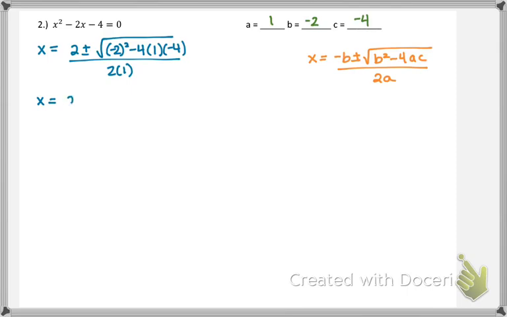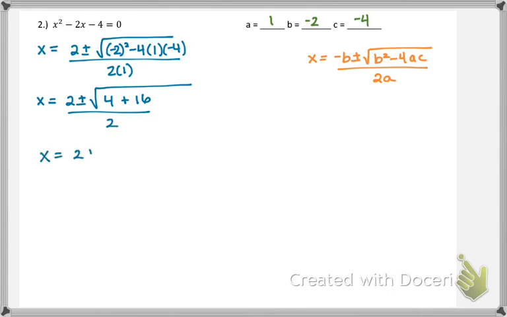Keep simplifying. X equals 2 plus or minus the square root of negative 2 squared. So that's negative 2 times negative 2 is 4 plus 16. Negative 4 times 1 is negative 4, times the other negative 4 is 16, all over 2.